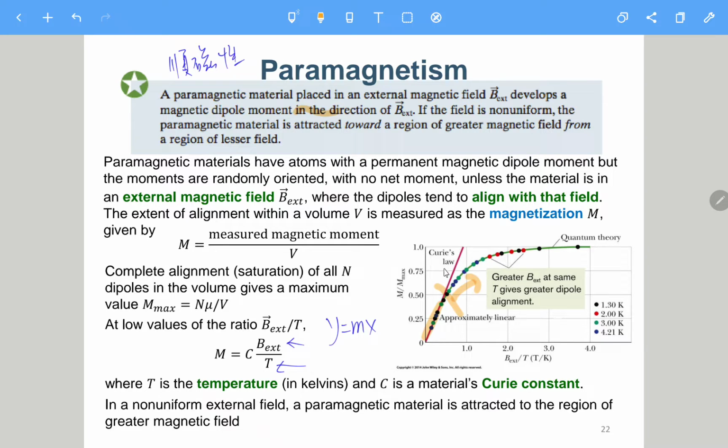Originally, if we predict this with Curie's law, we should expect that if we increase B external over T, it should increase like this. But actually, the measurement result just saturates to a so-called Mmax, a maximum value. And it says that we really need quantum theory to predict this phenomenon.